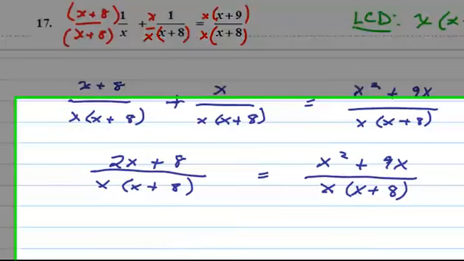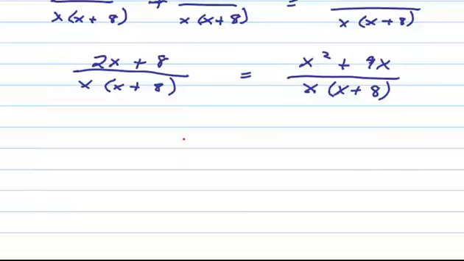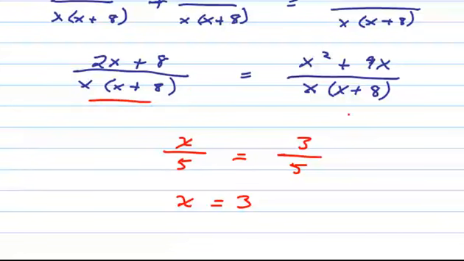Well, just as a side note real quick, if I had x over 5 equals 3 over 5, guess what? Since the denominators are equal, the numerators have to be equal also, which means that x has to equal 3. Let's apply that to what we have here. Our denominators are equal. Therefore, those numerators must be equal as well.